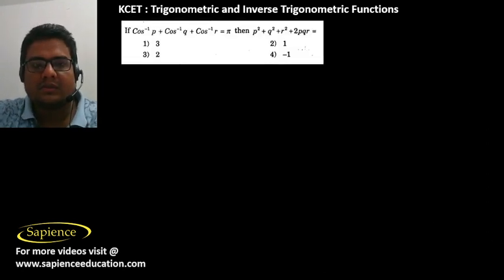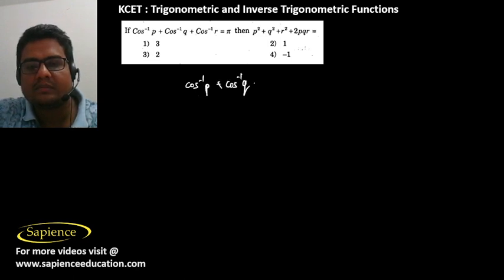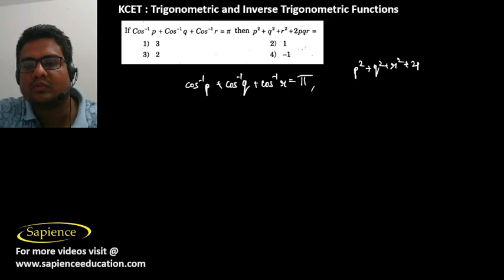Then here it is told that if cos inverse P plus cos inverse Q plus cos inverse R, that is equal to pi, then we have to find the value of P square plus Q square plus R square plus 2PQR.